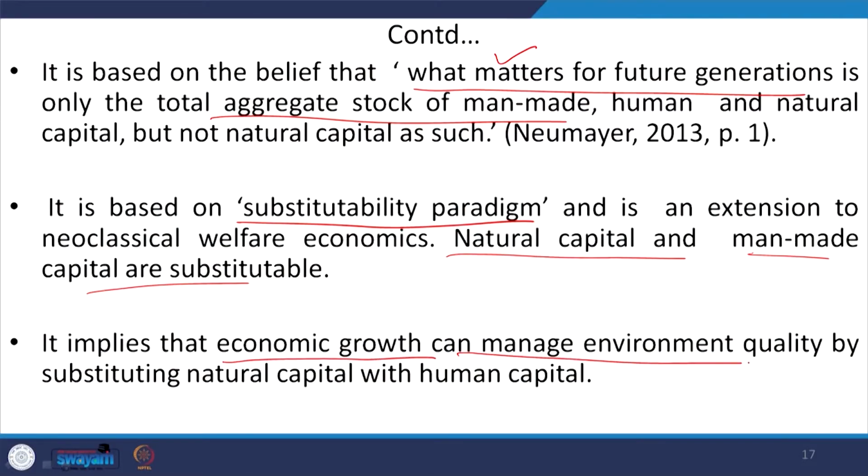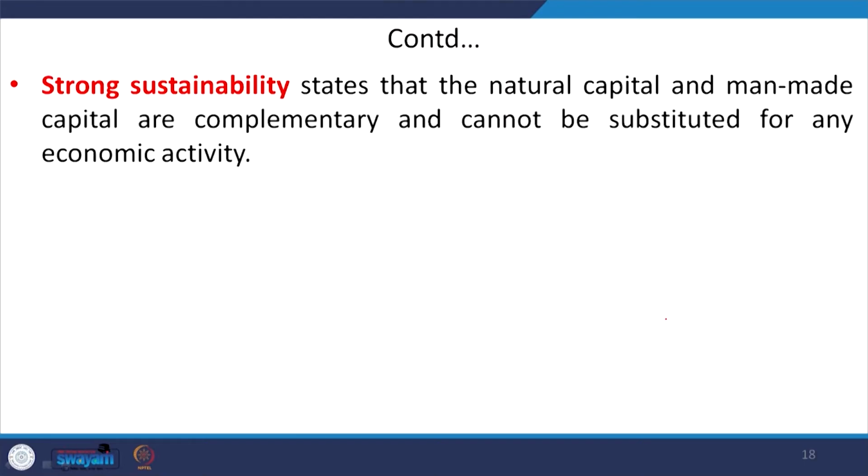So, it may imply that economic growth can manage environmental quality by substituting natural capital with human capital. So, if you are believing in weak sustainability, then we can say that the environmental quality can be compromised for economic growth, because we are believing that both of these are substitutes.